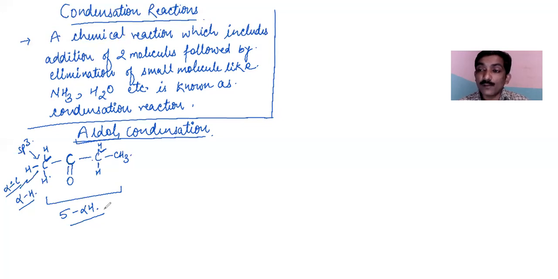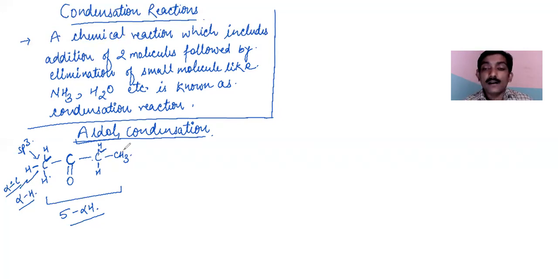We must make one thing very clear, that the carbonyl carbon must be bonded to the sp3 hybrid carbon. The sp2 or sp hybrid carbons bonded to this carbonyl carbon, even if they possess some hydrogen, we do not consider them alpha hydrogen, and these molecules do not participate in aldol condensation reactions.